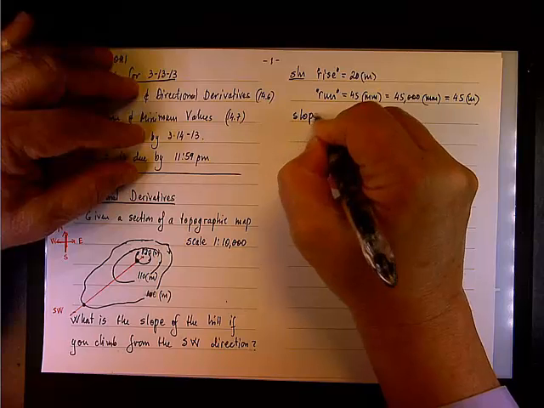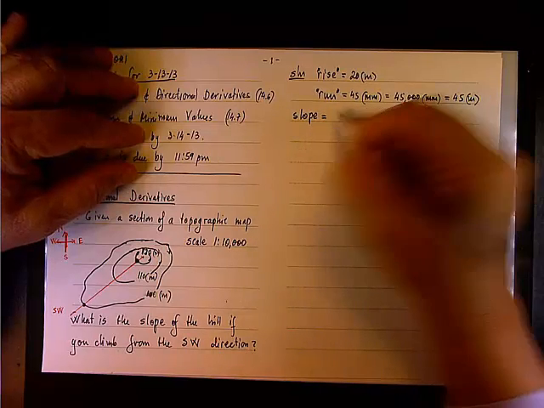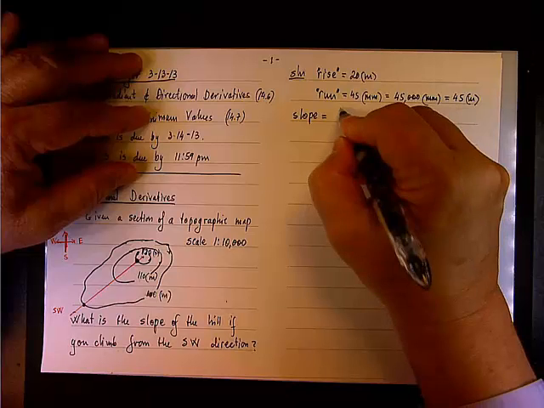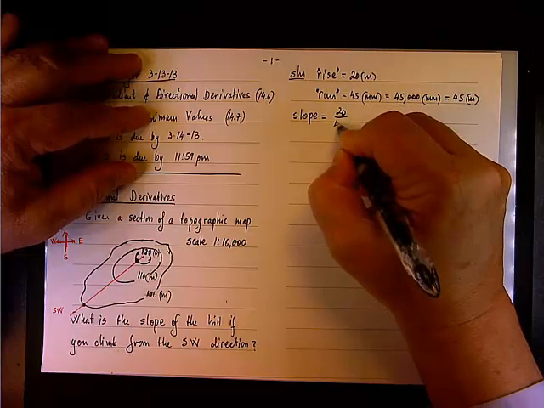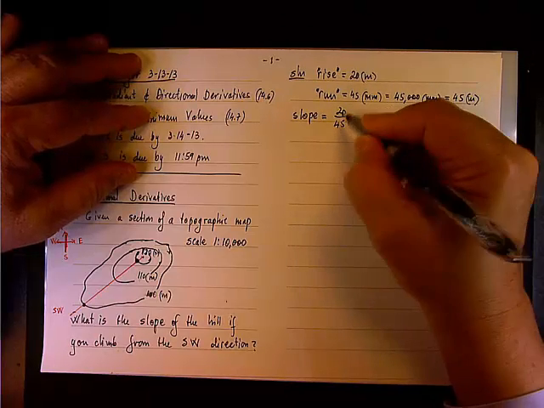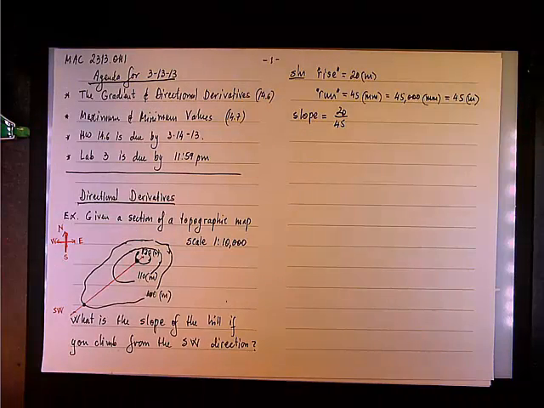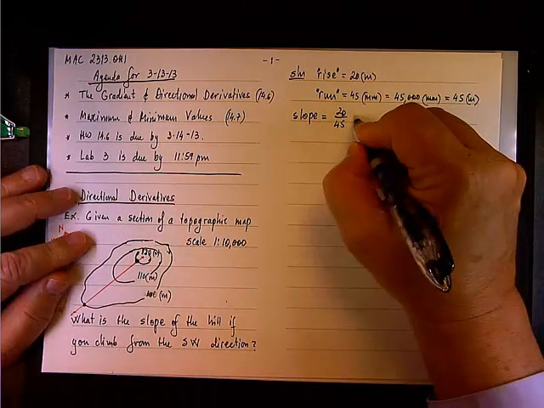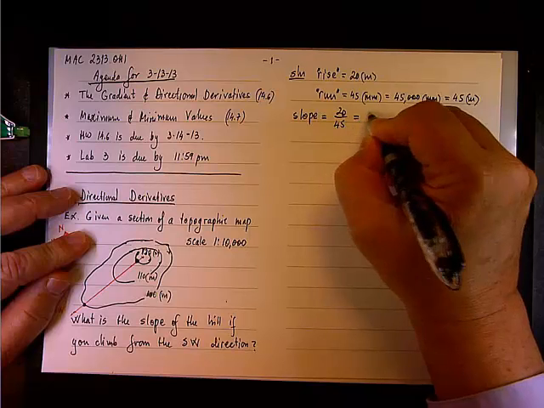Okay, so the slope equals rise over run, as you know, equals 20 over 45. This is reduced to 4 over 9.